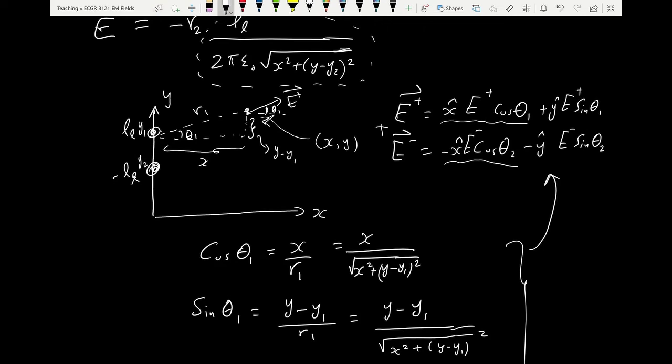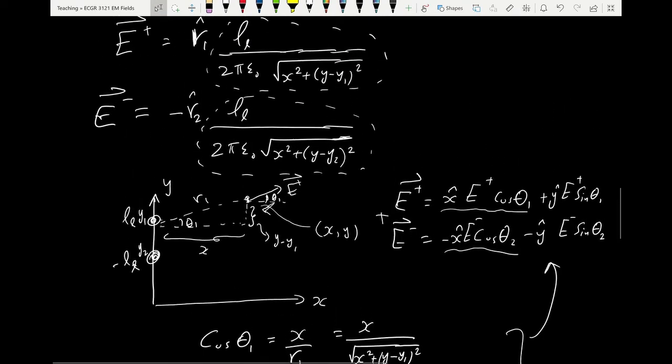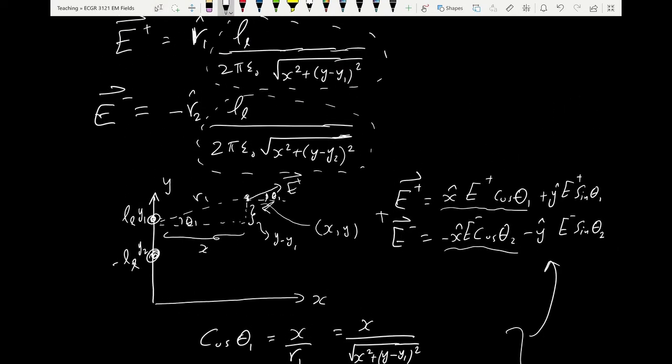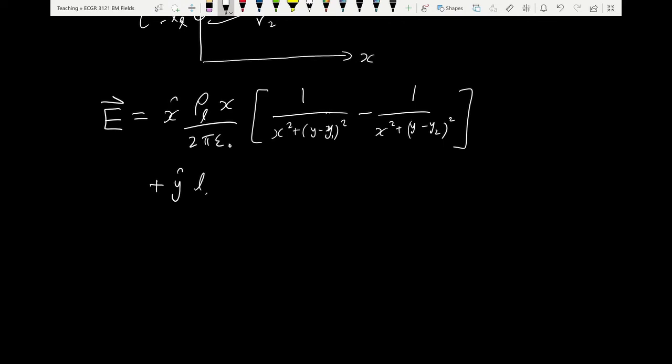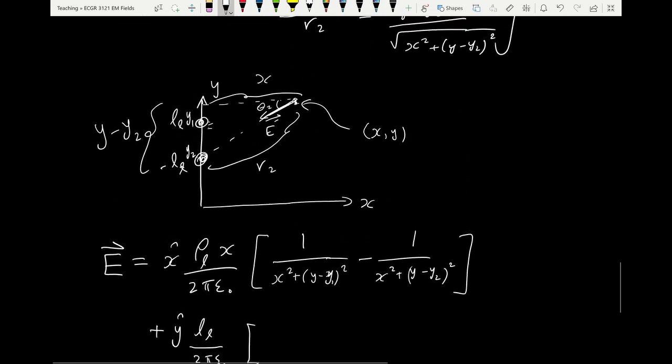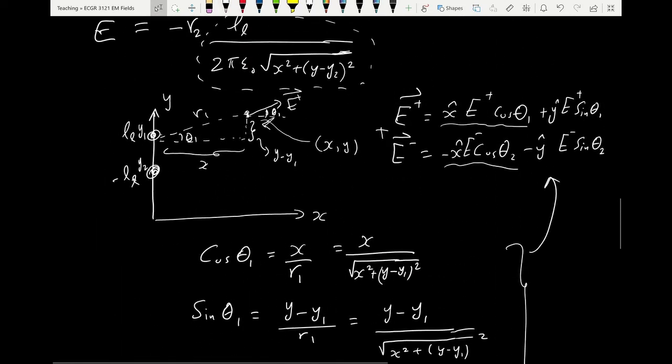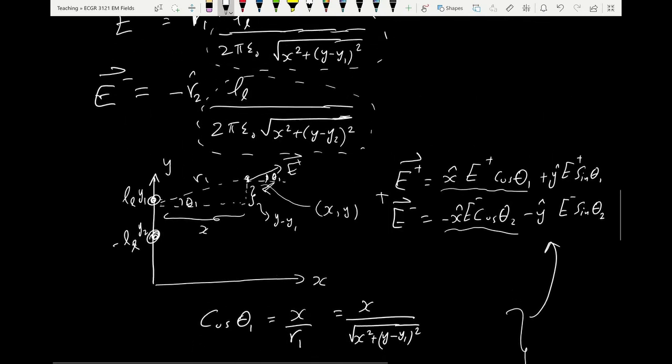Right, so I have the magnitudes of E plus and E minus. The common terms are rho L over 2 pi epsilon naught, of course, so I can take those out. And then what remains is E plus sine theta minus E minus sine theta.